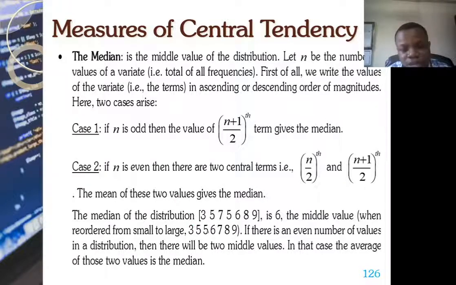Using the distribution that we were given earlier, that is 3, 5, 7, 5, 7, and 9, the middle number happens to be 6. Before we can get that, we have to arrange our distribution in ascending order of magnitude, and in that you can see that this 6 happens to be our median. That is as simple as that.